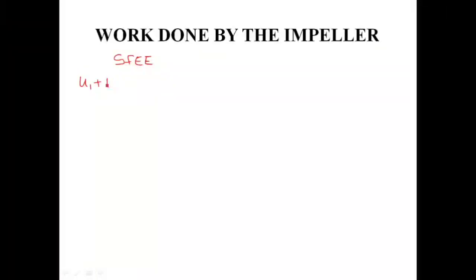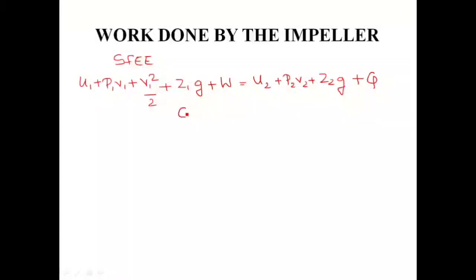U1 plus P1 V1 plus V1 square by 2, that is kinetic energy, plus potential energy Z1 G plus W is equal to U2 plus P2 V2 plus V2 square by 2 plus Z2 G plus Q. Since the compression process is isentropic, Q is equal to 0.